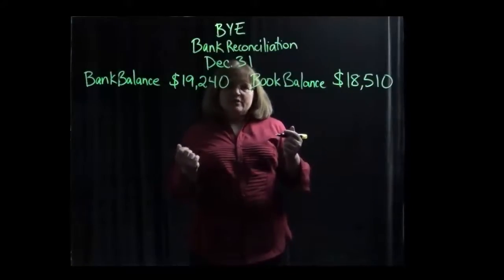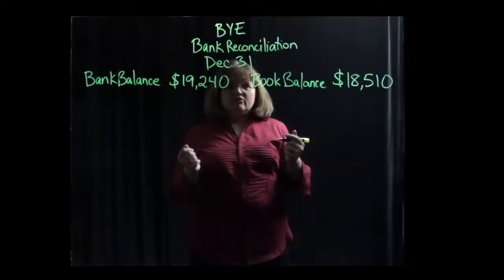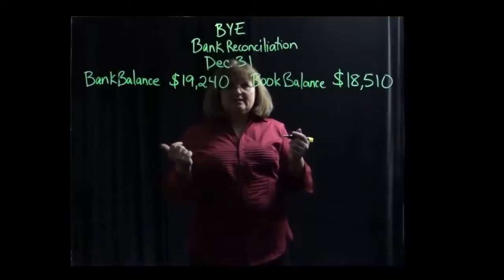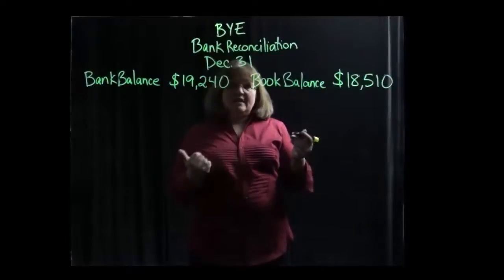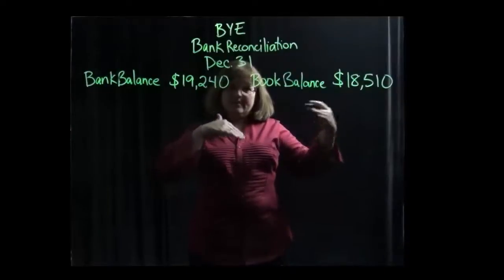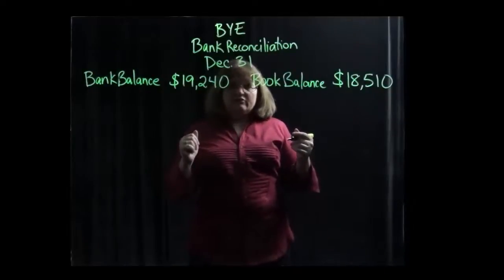But sometimes the companies don't record them when they get those electronic notifications. They just say, oh yeah, that amount seems like it's reasonable or it's okay. And then when they get the bank statement, that's when they actually record the check written, electronic check. It's not a physical check, but the electronic check that got written out of their account. And that's what's happened in this case.